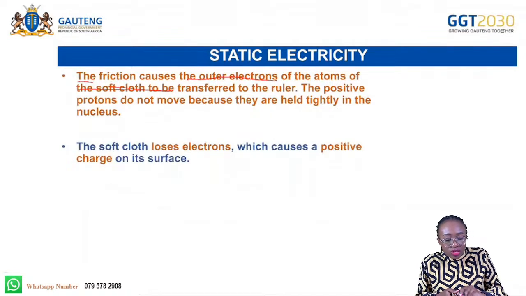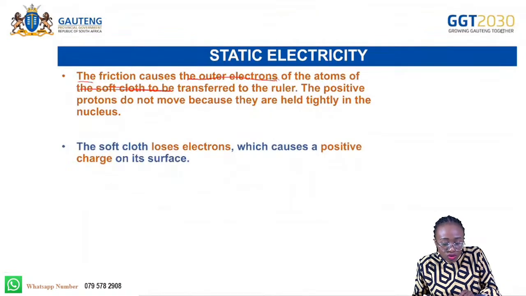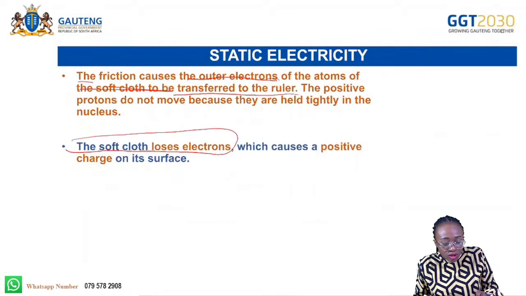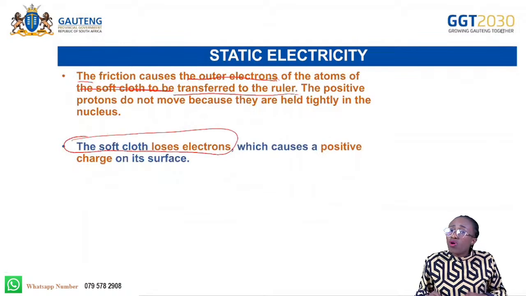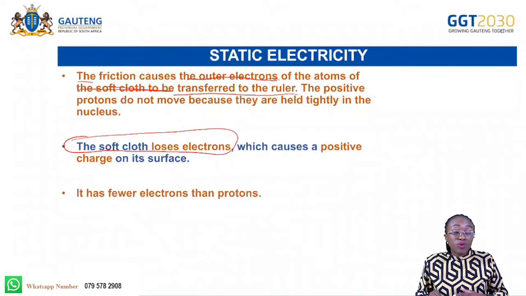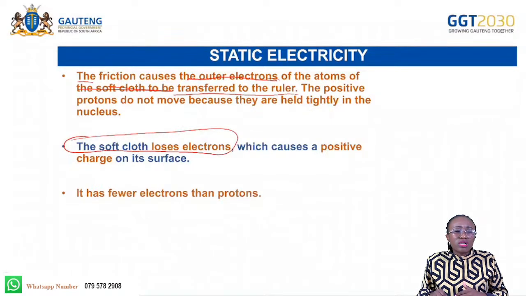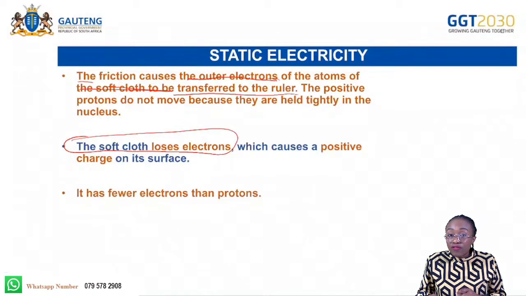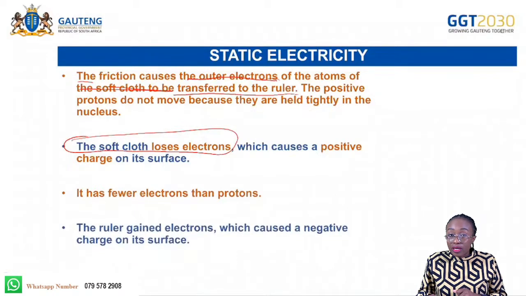So because the soft cloth's electrons have been transferred to the ruler, we say the soft cloth has lost electrons. And the object that loses electrons becomes positively charged because now the positive charges outnumber the negative charges. So it has fewer electrons than protons.